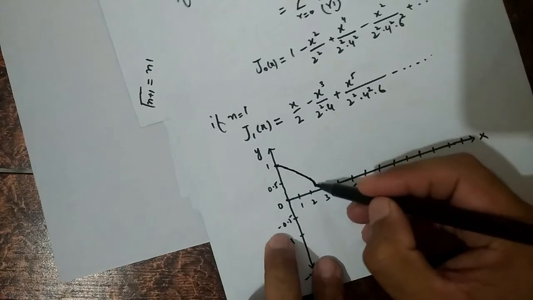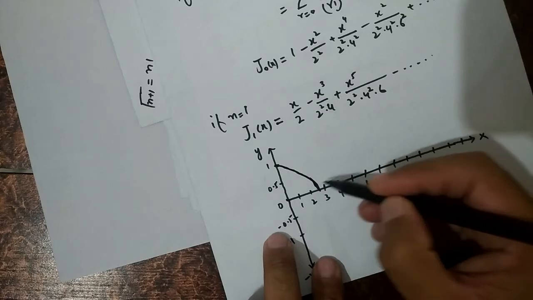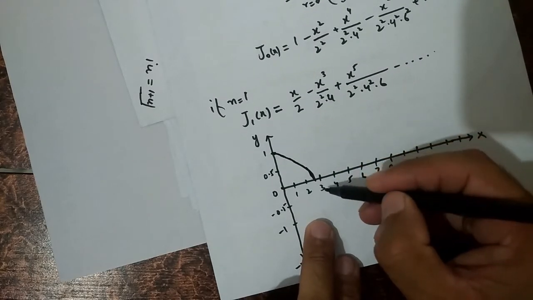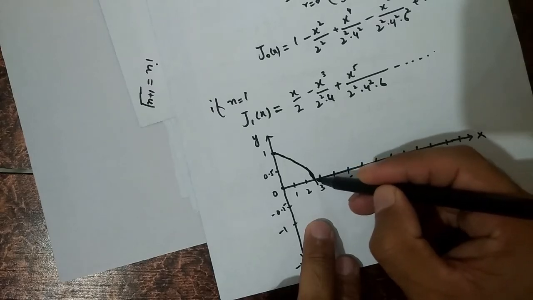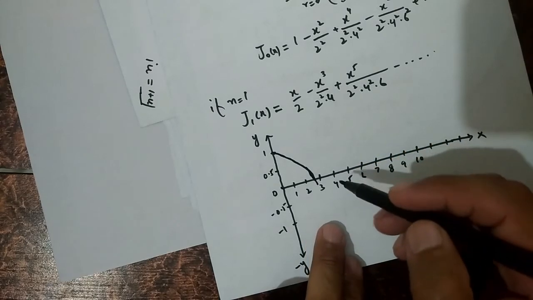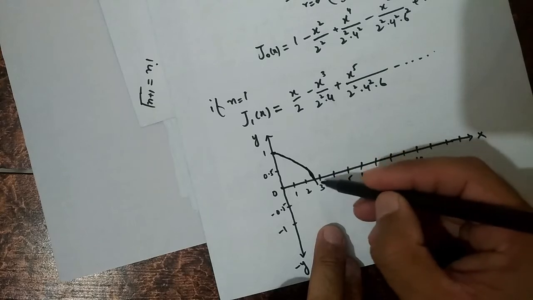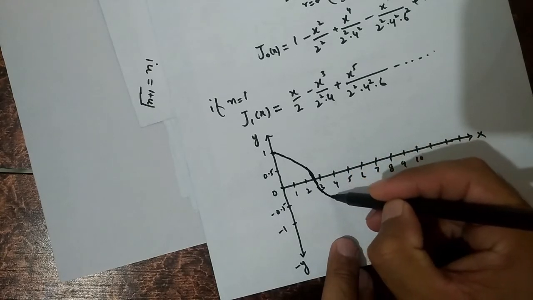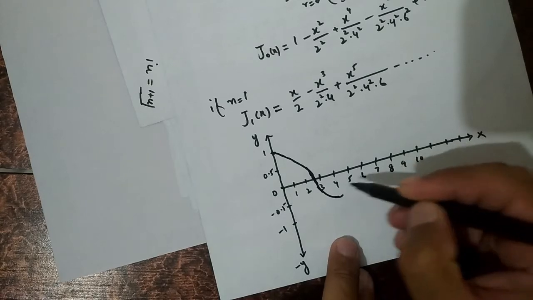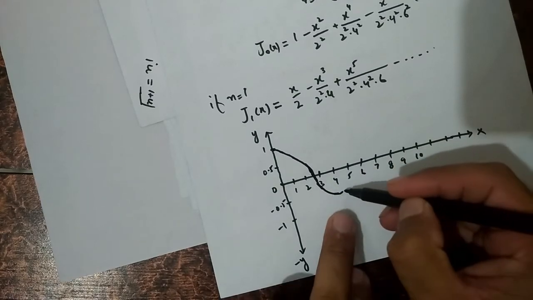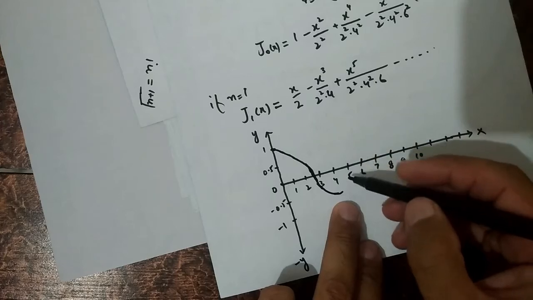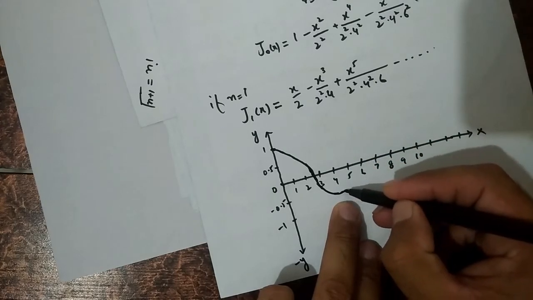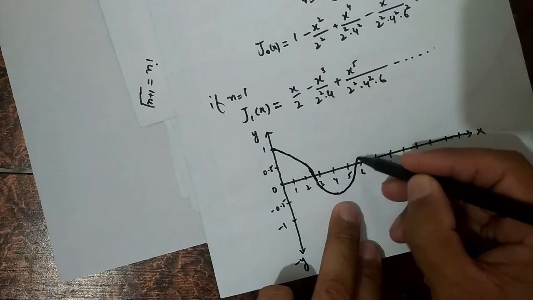I am not good at plotting functions. The graph is coming like this one, and for the value of 4, it will give us minus 0.5. Clear? This is minus 0.5, and onward it will become like this one.